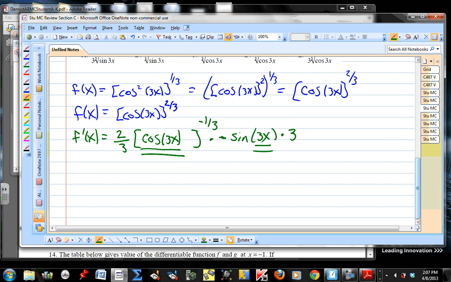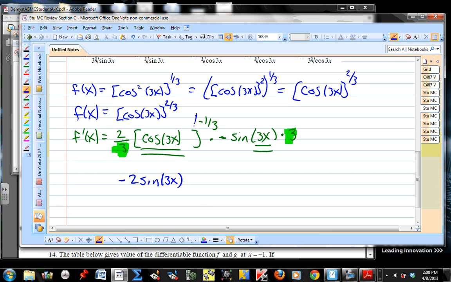So let's see what we can do here. Let's do a couple things. Right now you see a divided by 3 and a times 3. So let's simplify. Let's eliminate these. See what else we can do. There's a 2 and here's a negative, so let's call this negative 2 times the sine of 3x.